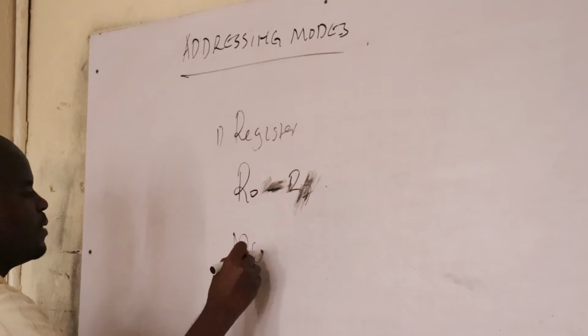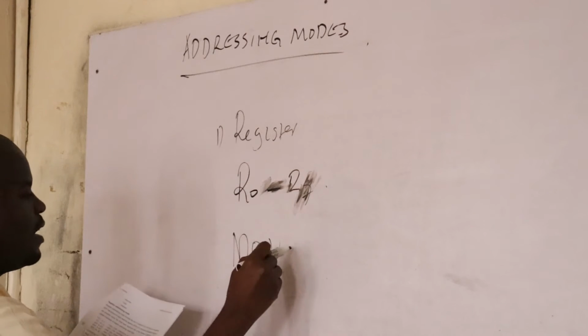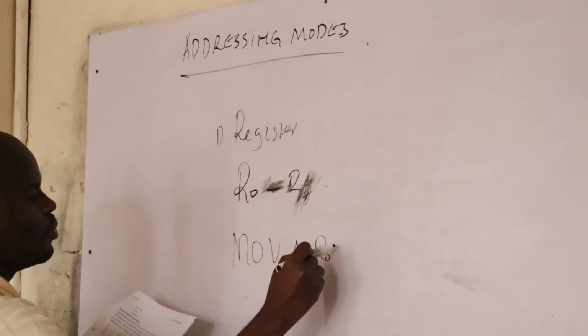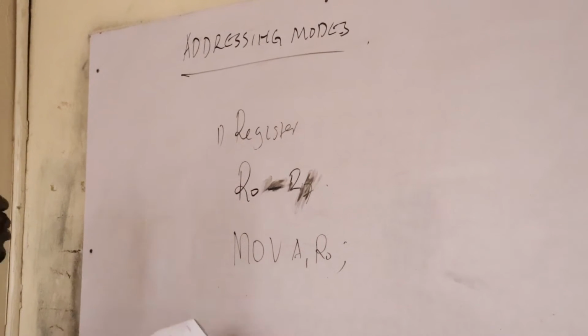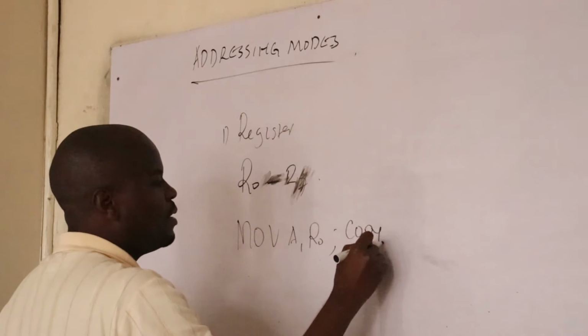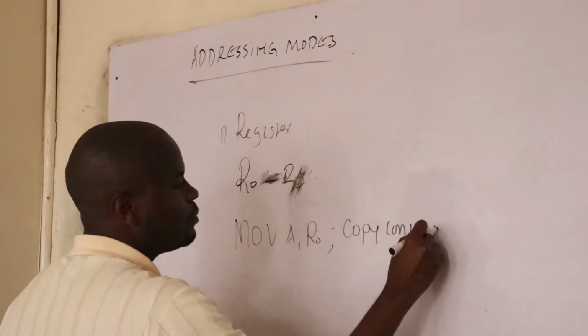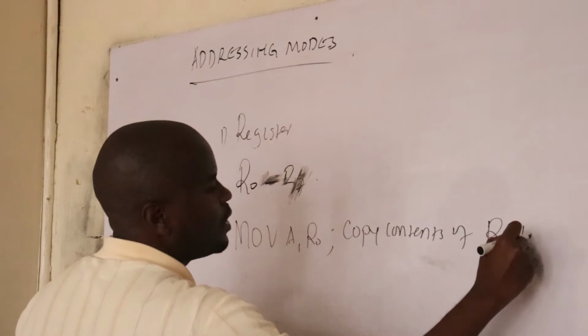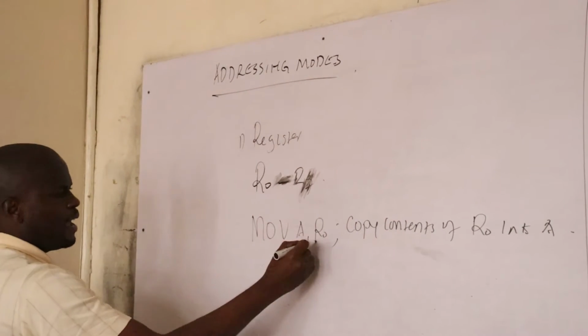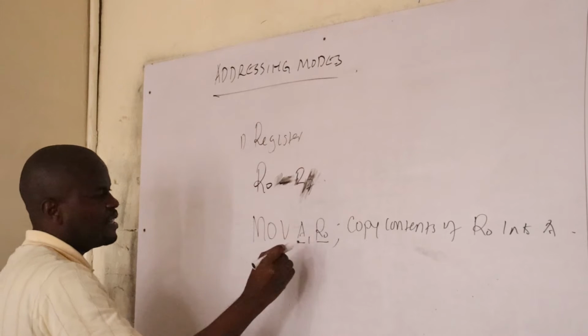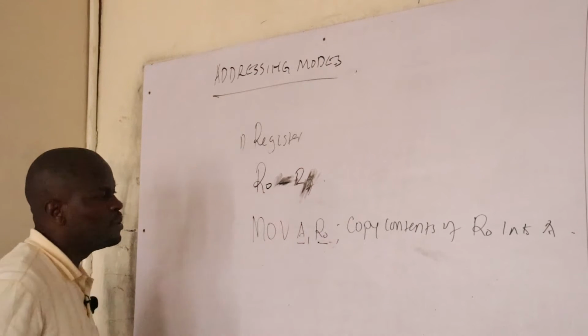You can see that we have MOV A, R0. That is to say, copy contents of R0 into A. In this case, A is a register and R0 is also a register.